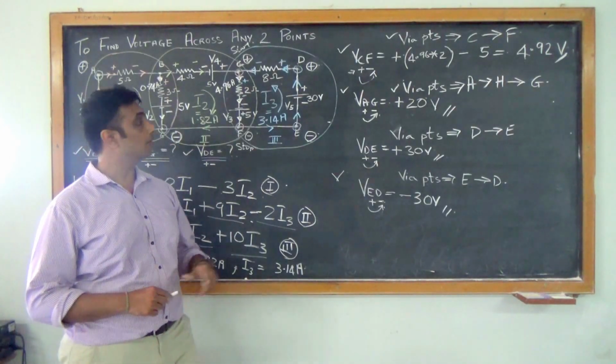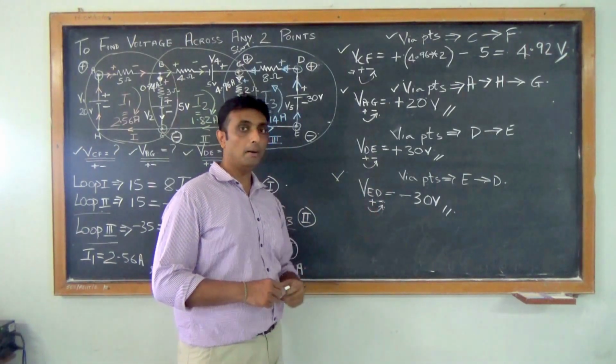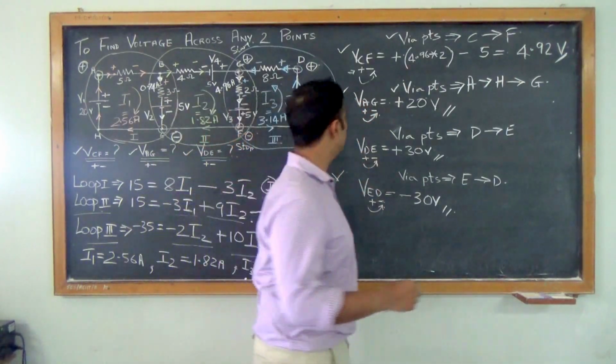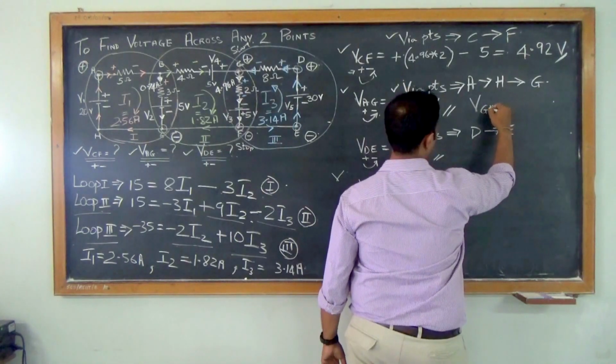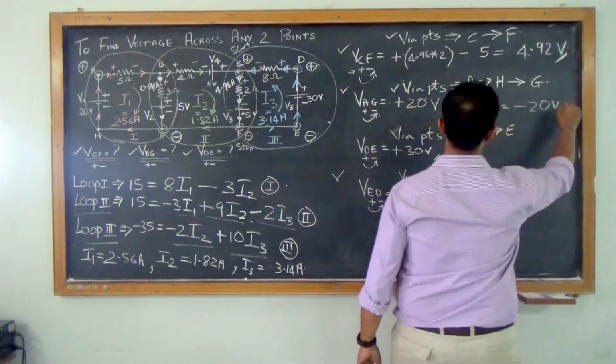In the same way, how we got VDE equals plus 30 volts, VED equals minus 30 volts. If VAG equals 20 volts, then VGA will be equal to minus 20 volts.